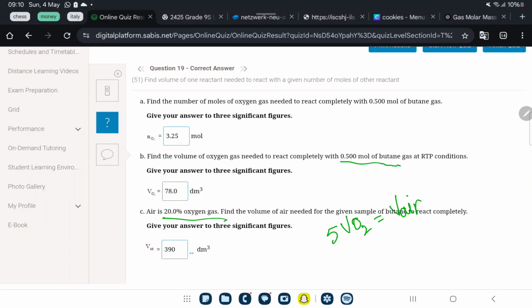So how many 20% do you need to get 100%? 5. I don't know what level grade math this is. I think it's grade 4 by now. So use your brain for a bit. VO2 is 78 times 5 equals 390 decimeters cubed. 3 significant figures. It's already 3 significant figures.